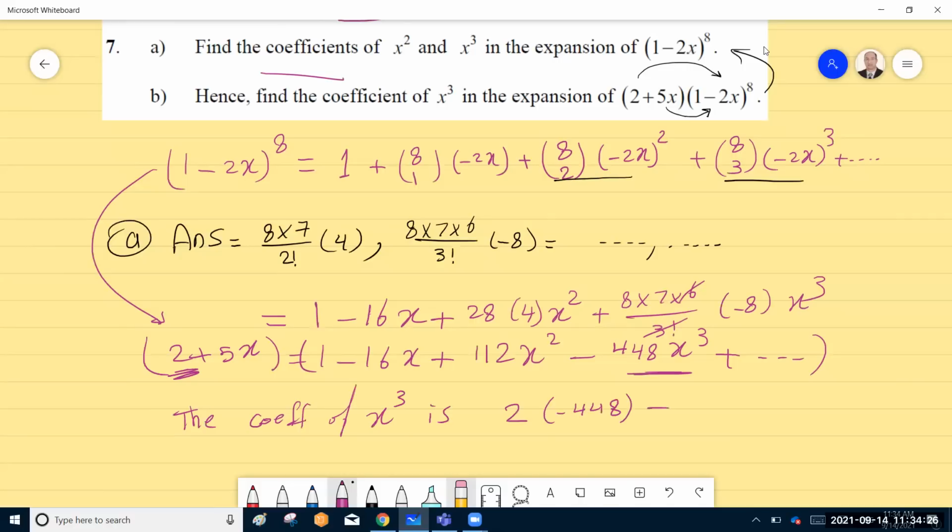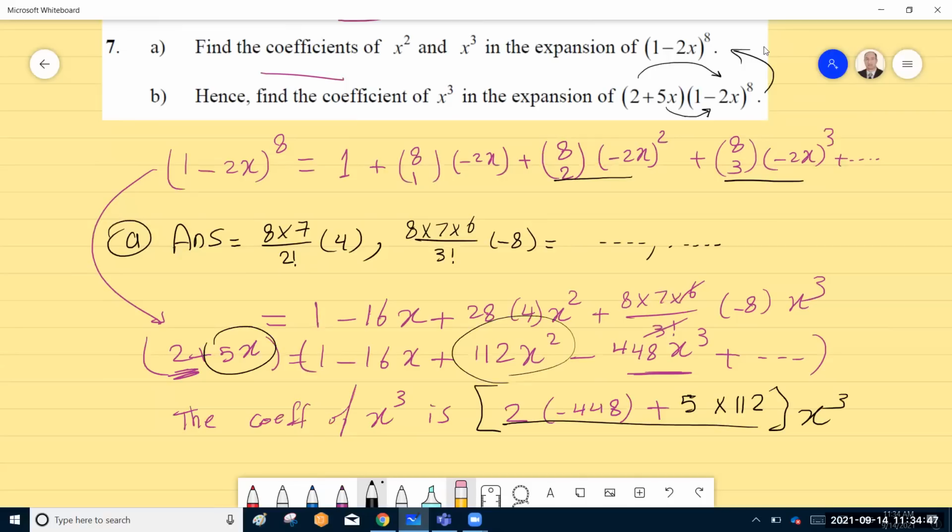This is the first term, plus x cubed also comes from multiplying the 5x by the 112x squared. So 5 times 112. The sum is the coefficient of x cubed. Calculate this one, and it will be the answer.